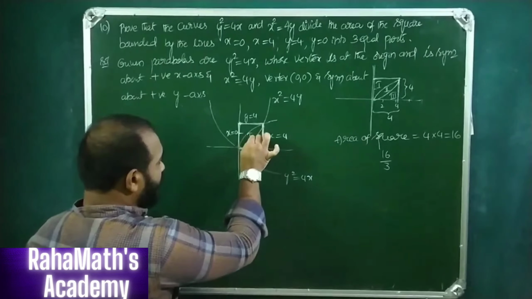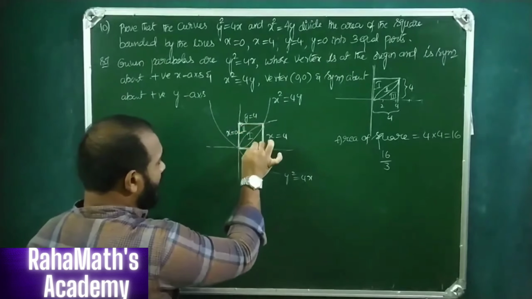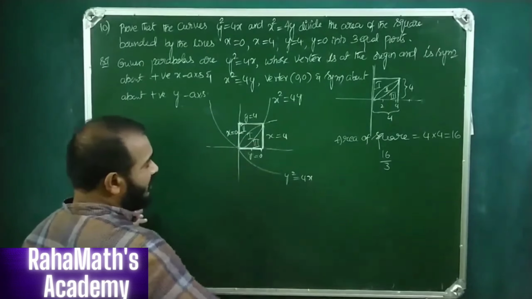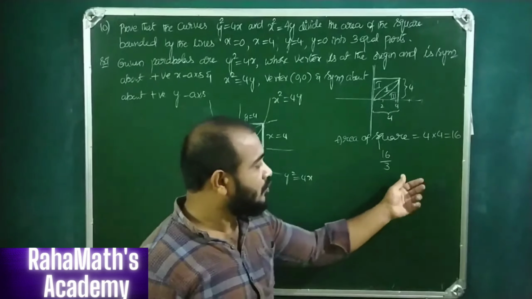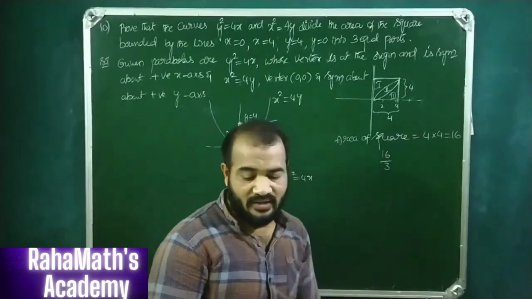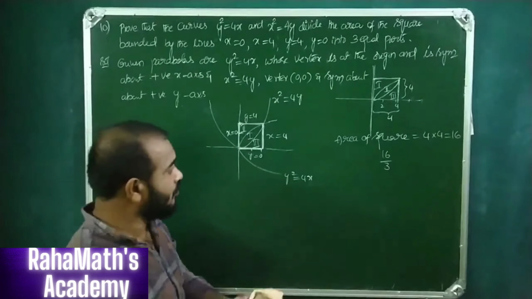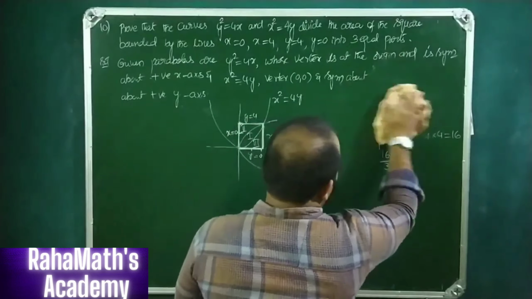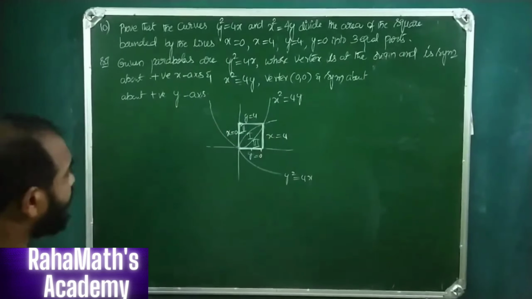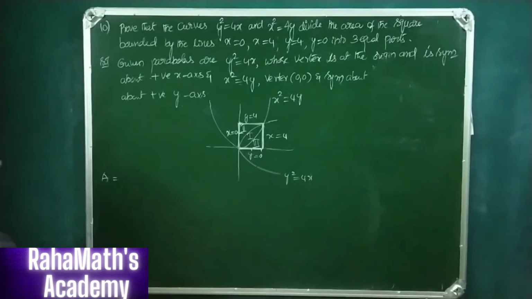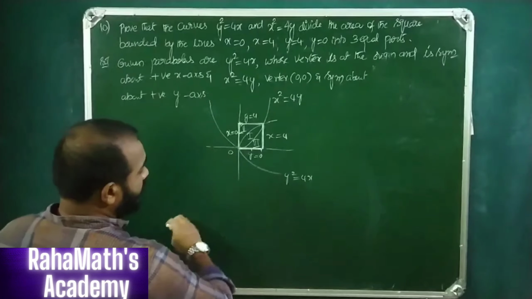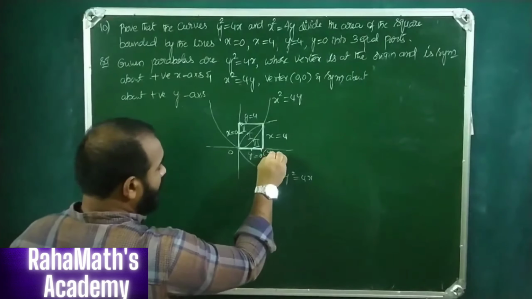Let us take this to be 1, this to be 2, and this to be 3. So what is our task? To show each one to be 16 by 3. So for this, let us do this. So area is equal to, so here 0, this is 4 comma 0.